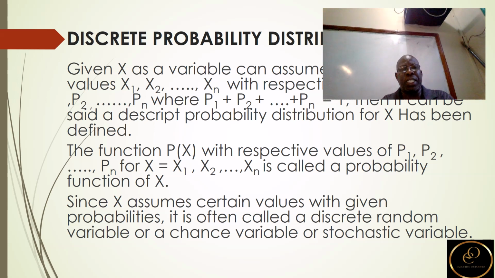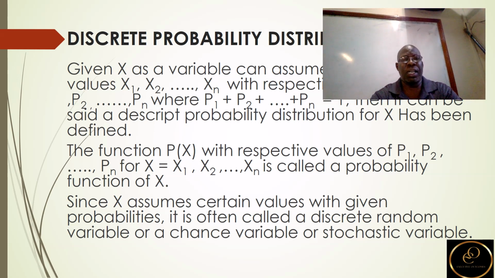Given x as a variable, we assume that x can assume a definite set of values x1, x2 through to xn, with respect to probabilities p1, p2 through to pn, where p1 plus p2 through to pn is always equal to 1, because we know that the sum of probability always totals 1.